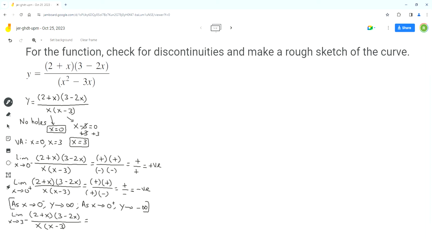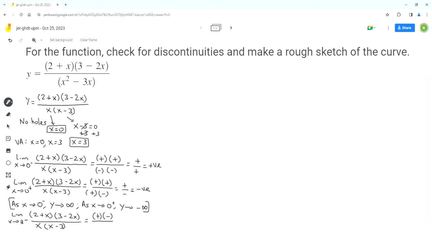Now if we sub in an x value which is just to the left side of 3, one test value can be 2.9. If we sub in x as 2.9, in the first parentheses we get a positive value, and in the second one we'll get a negative value, because 3 minus 2 times 2.9 will be 3 minus a number bigger than 3.